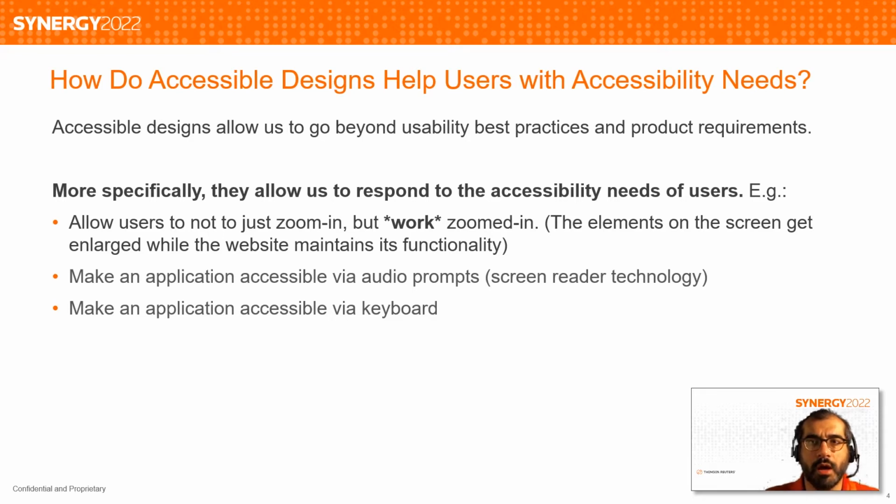Another example is they make an application accessible via audio prompts, so screen reader technology. Some users may need to be able to hear what the interface button is called for them to be able to interact with it because they may have low visual acuity or they may be blind. And thirdly, another example is being able to use the keyboard to get your task done.